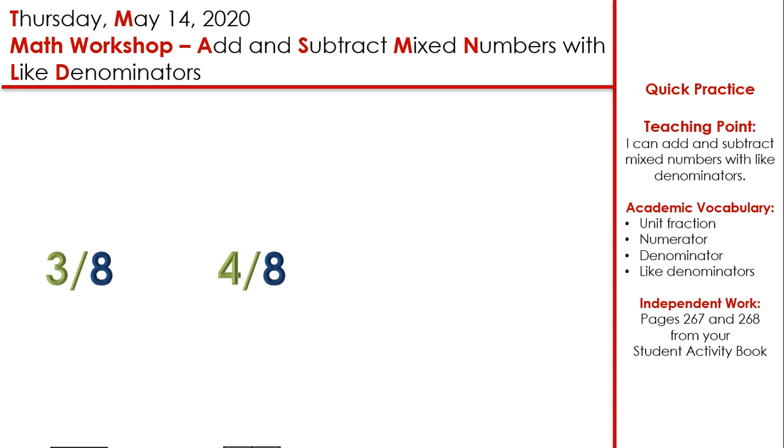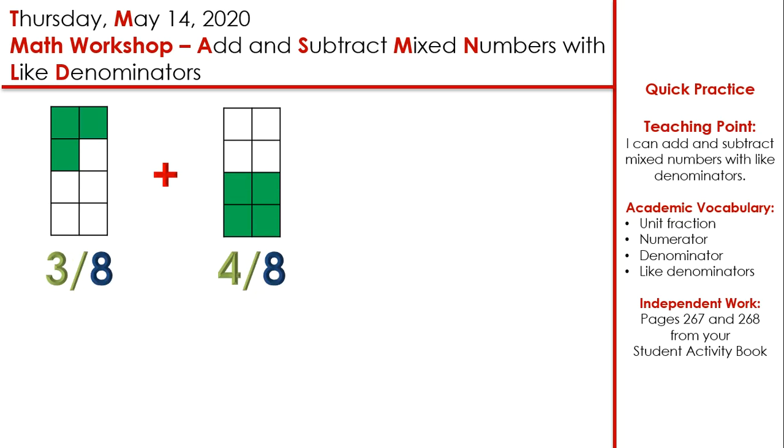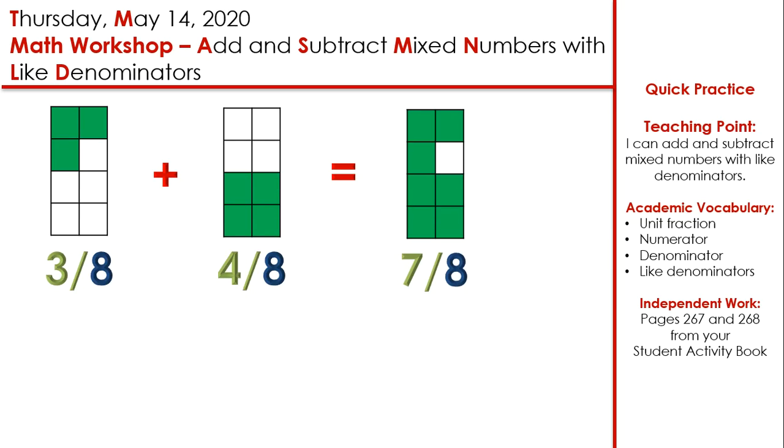We also took a look at adding fractions with like denominators. We're adding 3/8 plus 4/8, and that will be equal to 7/8. As we notice, the denominators stay the same when we add fractions with like denominators. The only thing we actually add is the numerators.